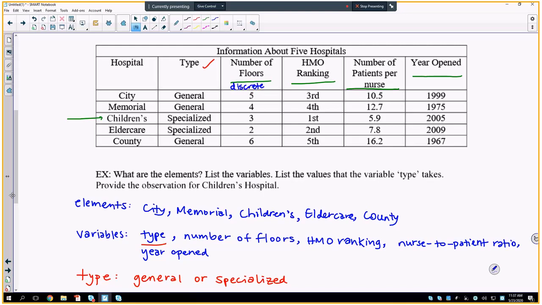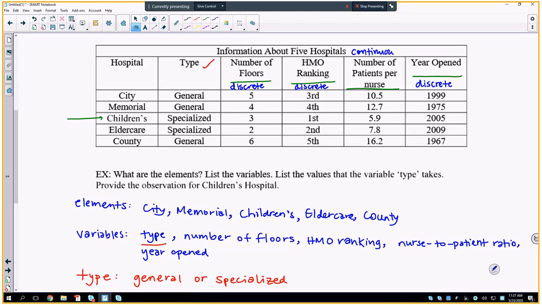Because a building will either have 1 floor, 2 floors, 3 floors, or some other nice whole number that we can count. Similarly, HMO ranking looks like it should be discrete because you can be first place, second place, third place, and so on. And the year opened will also be discrete. So the only one that is continuous is this number of patients per nurse.